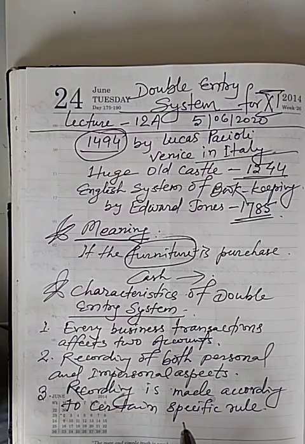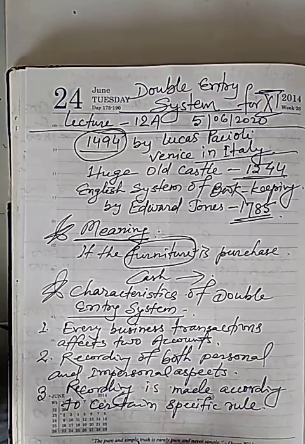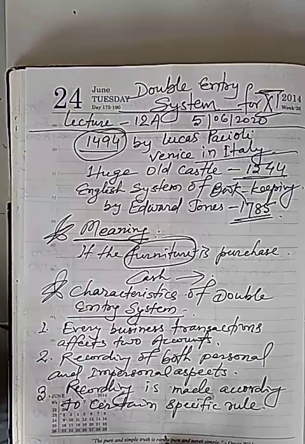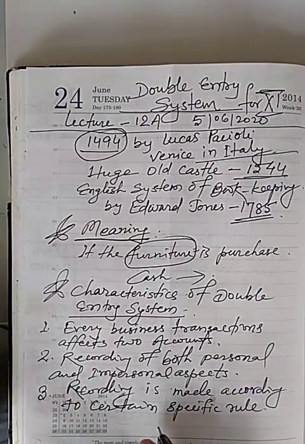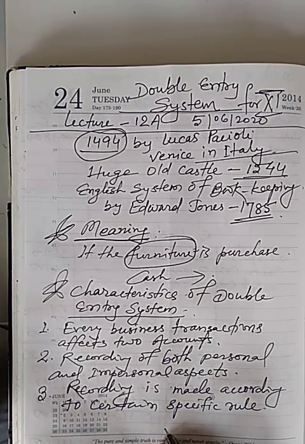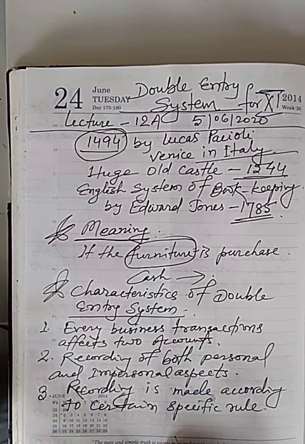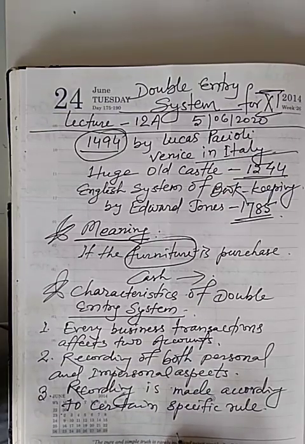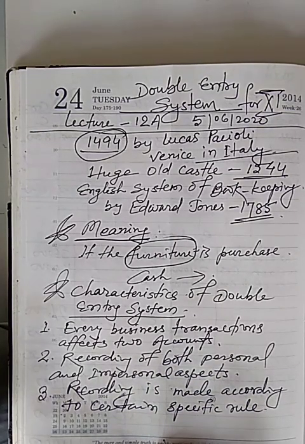In double entry system, one account is debited and the other is credited. It does not mean that any account may be debited and any account may be credited. There are certain rules for debiting and crediting, and debits and credits are made on the basis of these rules.